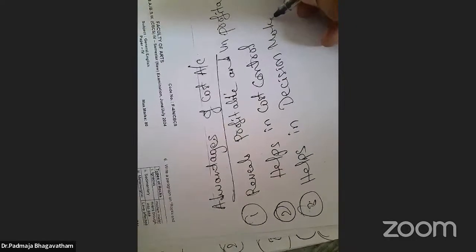Next one is helps in cost control. Third one is helps in decision making. Helps in inventory control. Next one is aids in formulating policies.